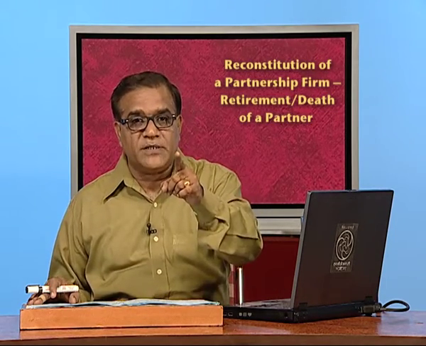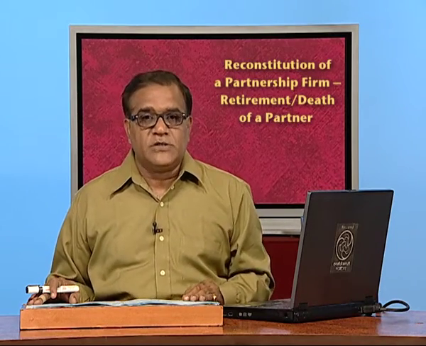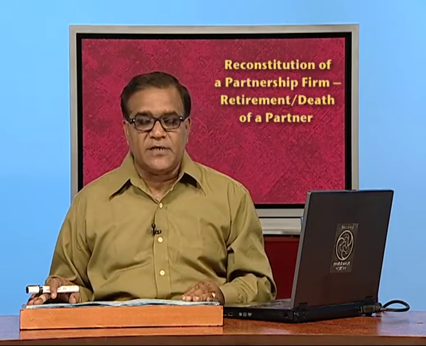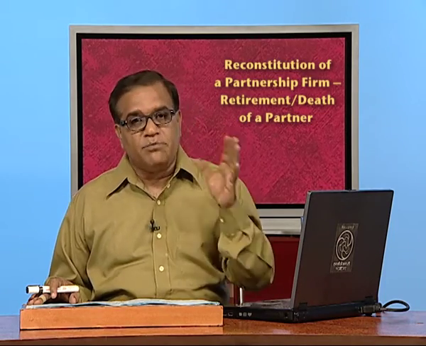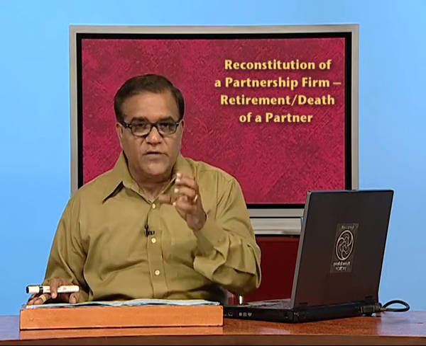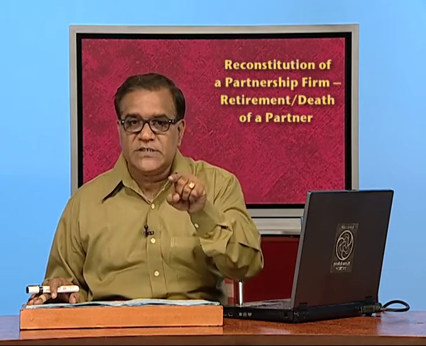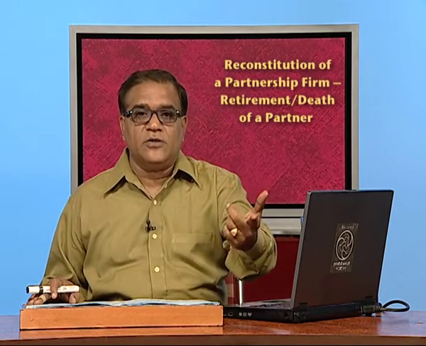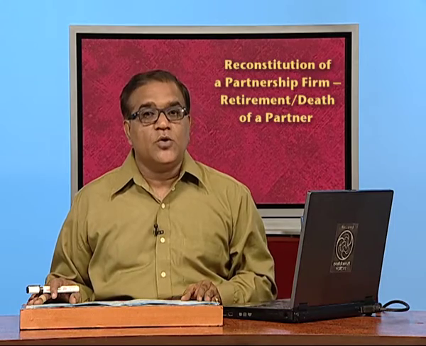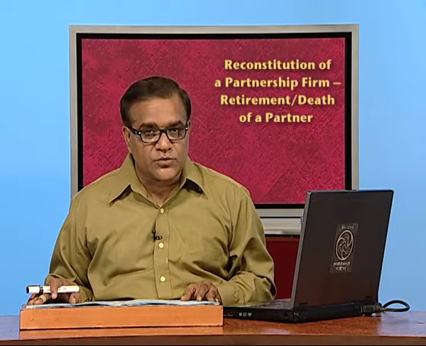Yes, all the partners, because the firm was paying the premium, so everybody has a share in that. Maybe the full value, maybe the surrender value, all taken together, the share will be calculated for the deceased partner and others also, and given to them in their old profit sharing ratio.